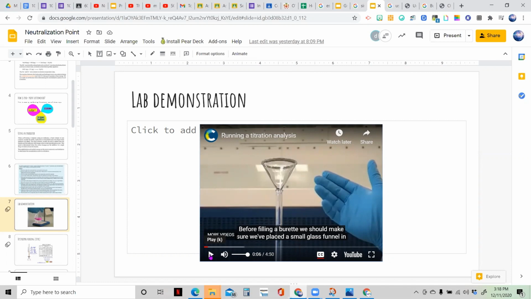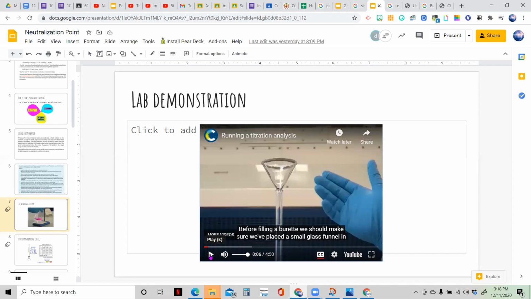So notice in the second run of the titration, when he was approaching 15 centimeters cubed, he started slowing down. So at about 14 centimeters cubed, he started controlling the tap and allowing only drops of the acid to be placed in the reacting vessel at a time.